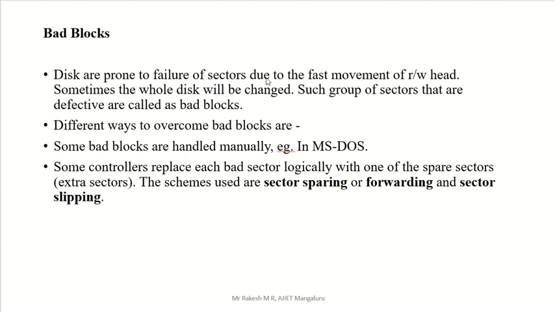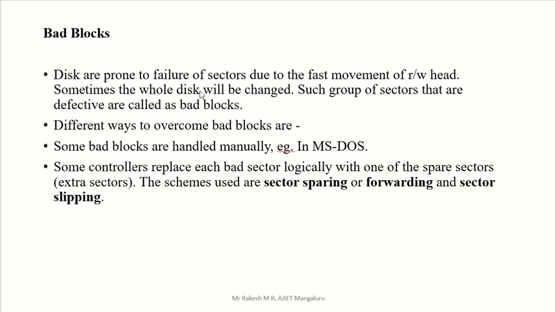Failure of sectors is due to the fast movement of the read and write head. We saw that in the beginning slides, that is a head crash. So that is the concept here. If there is a head crash, there may be a chance of failure or damage of sectors. If there is any damage of sectors, then sometimes the whole disk will be changed, right?